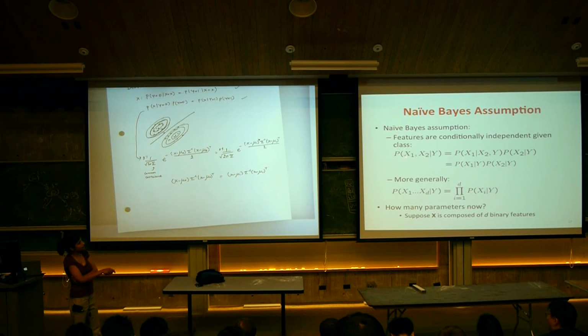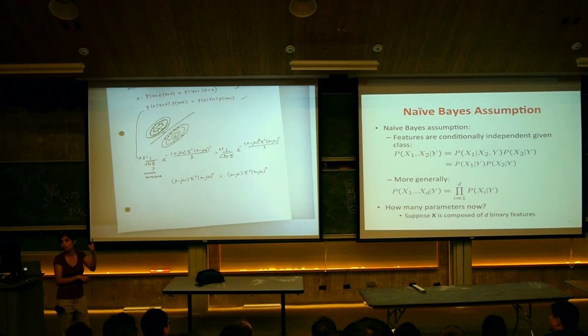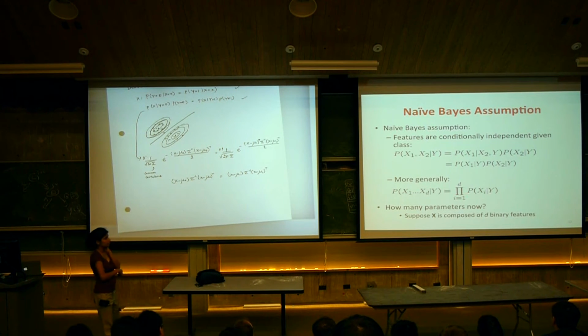So what that does is, here are two features x1 and x2 for one class, say all emails that are spam. And it says that you can write this joint distribution as just the product of two one-dimensional distributions. Okay? And more generally, it could be all the features. So we are just writing the joint probability of all of them as the product. And let's see how that simplifies things now.